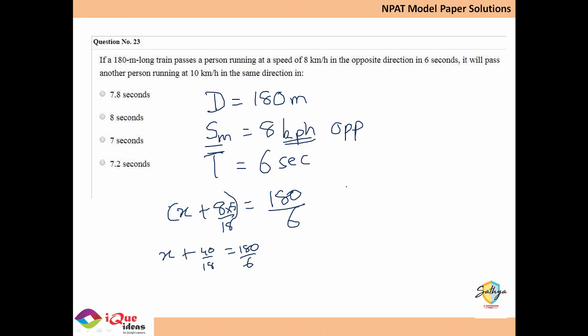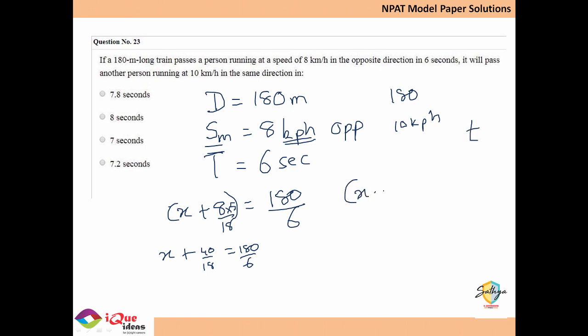Now the second case, where the person is running in the same direction, the distance again is the same, 180, right? The speed however is 10 kilometers per hour, and the time taken is what I have to find out. So the time in this case, let us assume, is t.